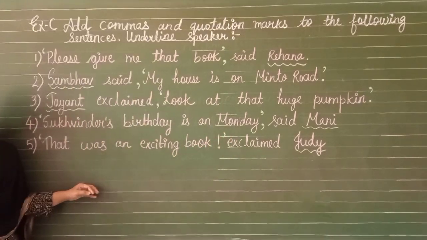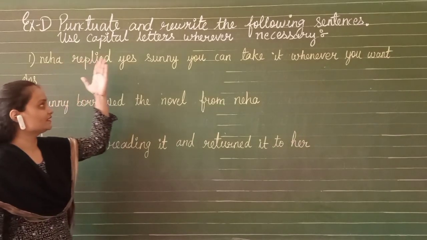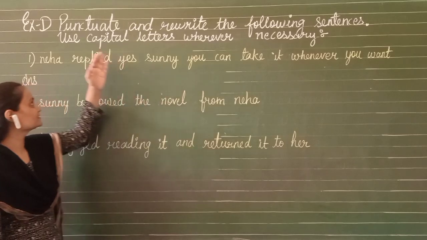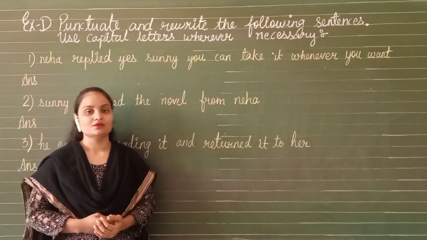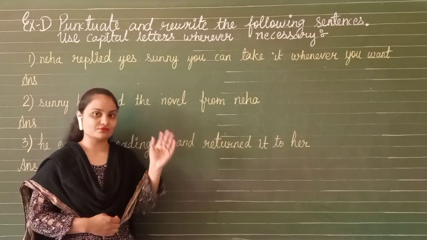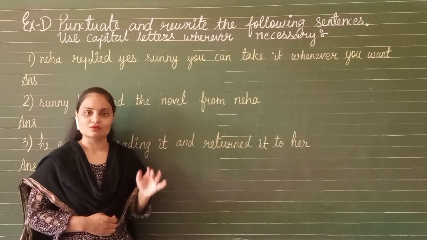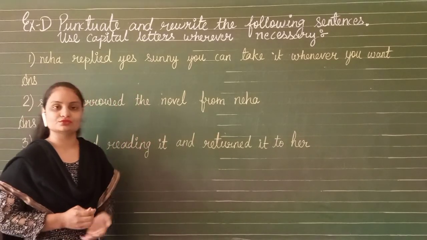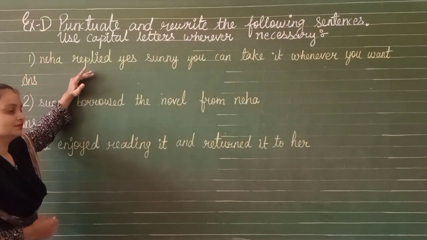Now students, let's solve another exercise, that is punctuate and rewrite the following sentences. Use capital letters wherever necessary. What we have to do is punctuate the sentence. That means we have to use full stop, exclamation, comma, quotation, whatever the sentence needs. First is Neha replied.